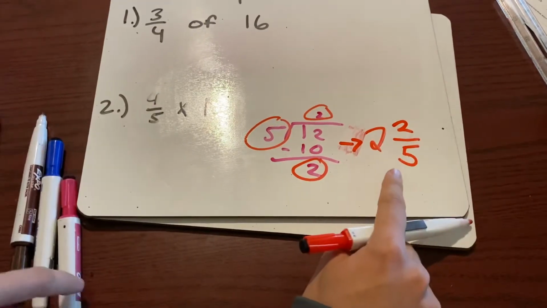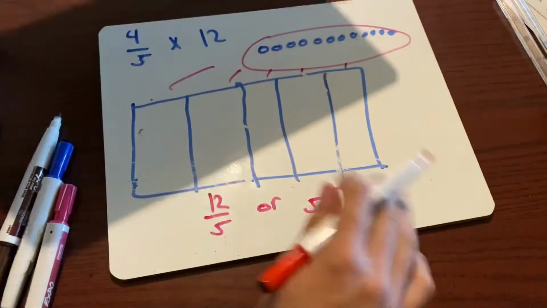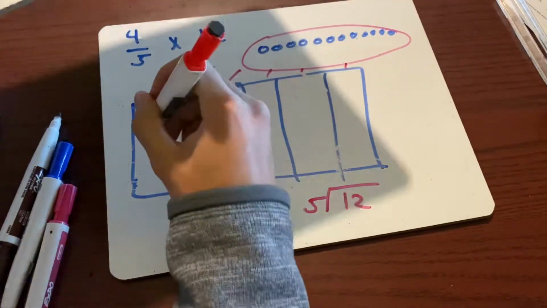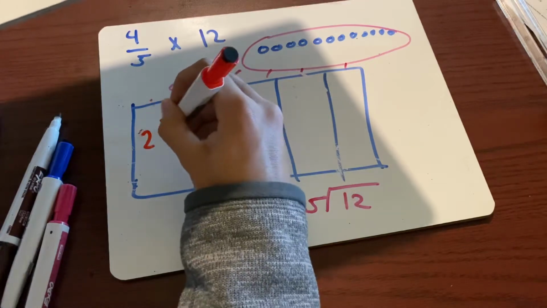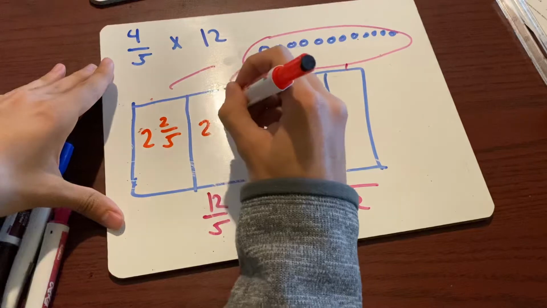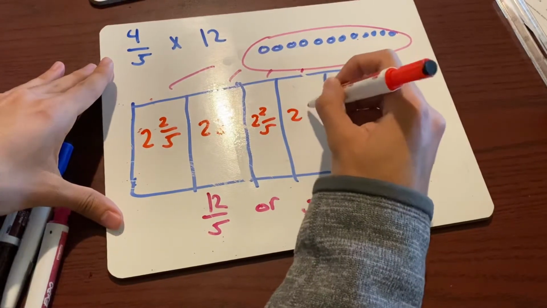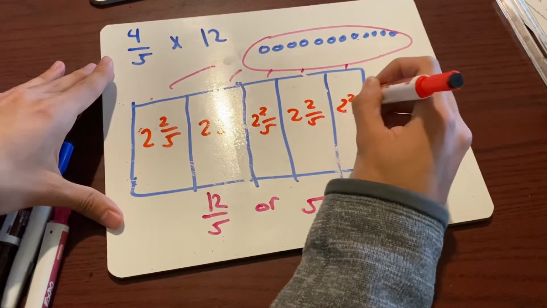But again, this is not your answer. This is simply telling you that in each row you are getting 2 wholes and 2/5. So this row gets 2 wholes and 2/5. This row gets 2 wholes and 2/5. And this one, and this one, and this one.